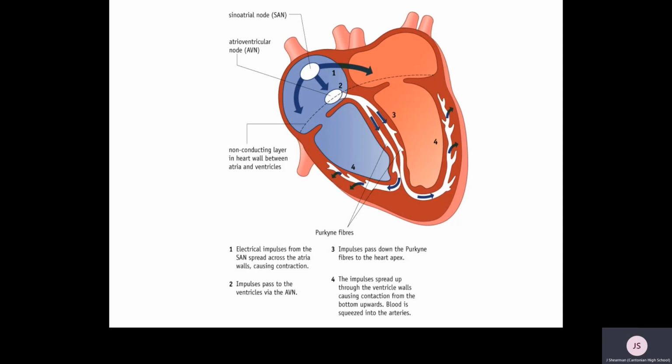They're basically very specialised nerve cells or neurons. And these fibres branch out into the right and left ventricular walls. So when these impulses reach the walls, they cause the ventricular walls to contract, and that pushes blood up and out through the arteries.